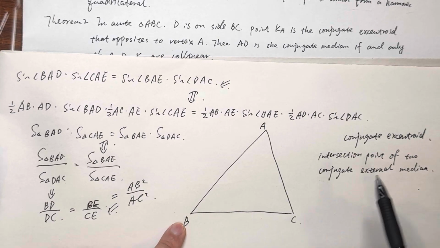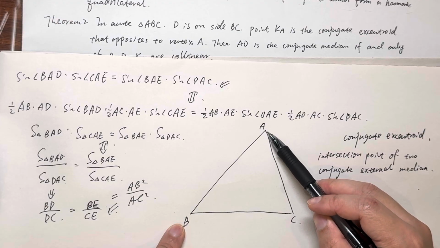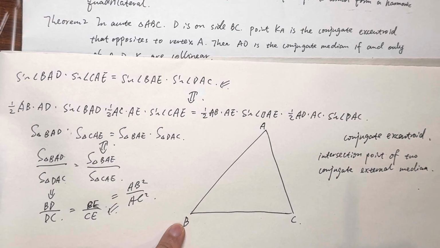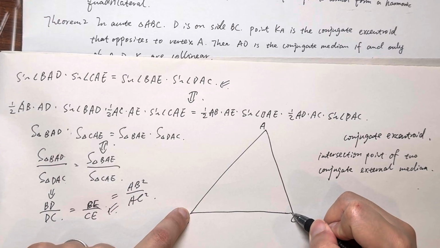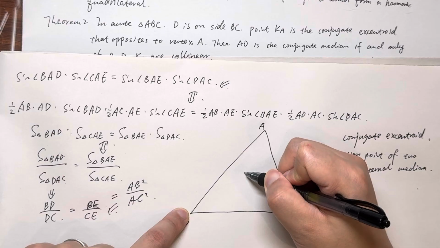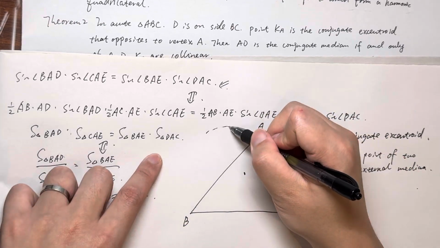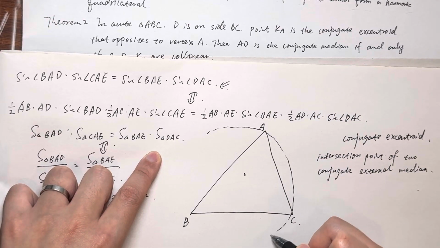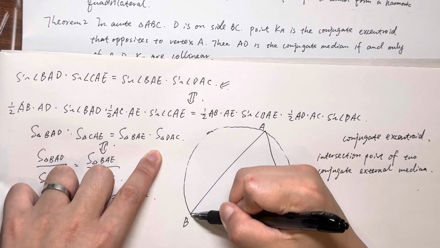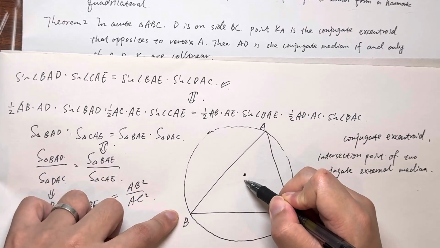So we're talking about the conjugate accentroid opposite to the vertex A, which means it is formed by the conjugate external medians on vertex B and vertex C, which are the tangent lines of the circumcircle of triangle ABC, right? If we draw a circumcircle here, right, that's the circumcircle of the triangle ABC.